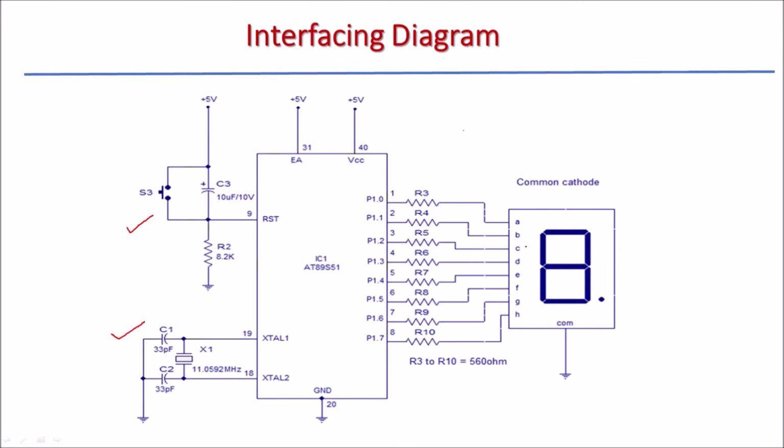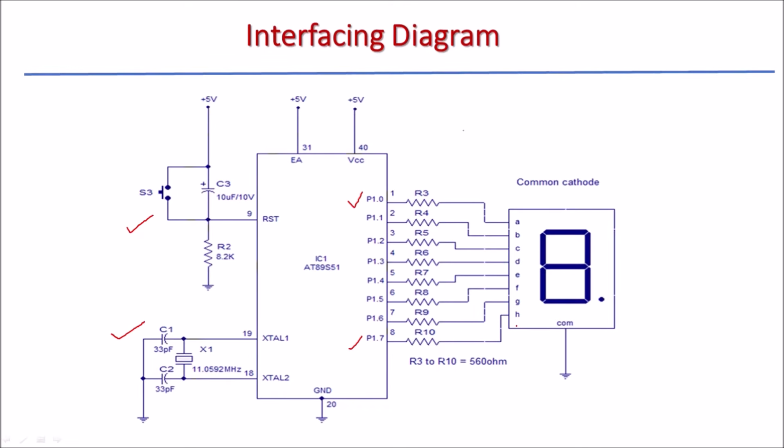And these segments, A to H, where H is used for the dot, are connected to port 1 of the microcontroller. So P1.0, the lower bit of this port, is connected to segment A, and the upper bit is connected to segment H. So the 7 segment code which we have seen how to compute can be used directly to display a digit on this common cathode display.